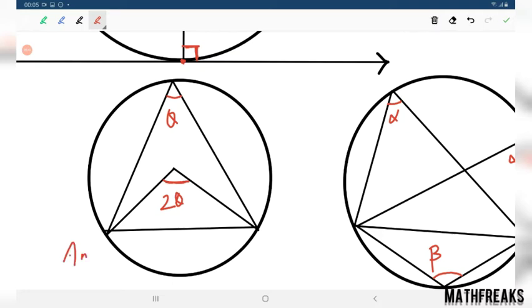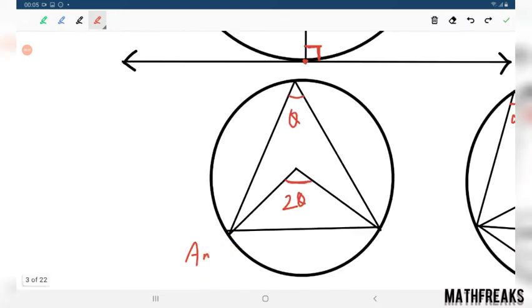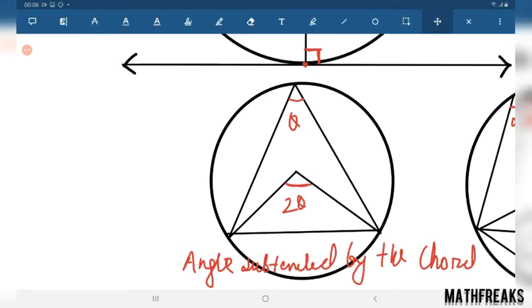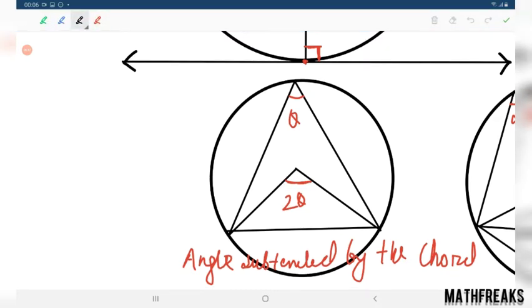The angle subtended by the chord at the center is twice the angle subtended by it at any other point on the same side.